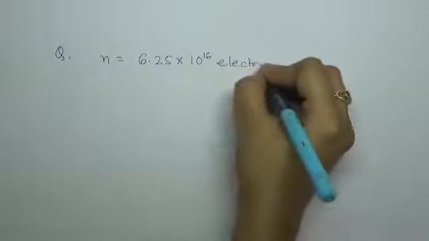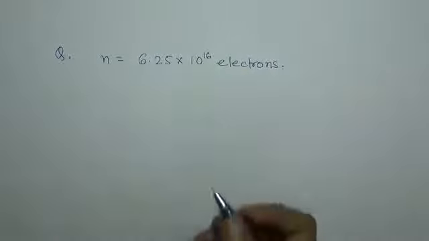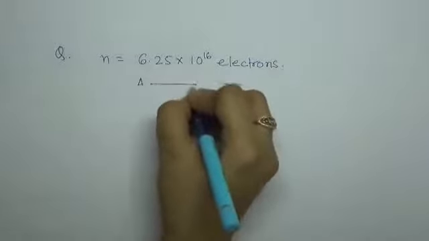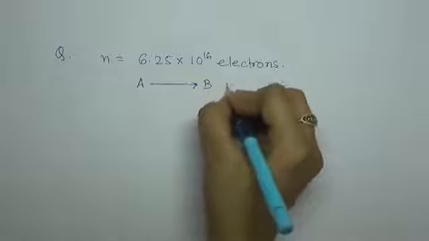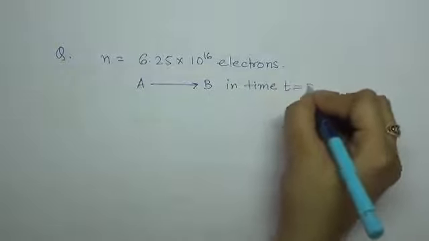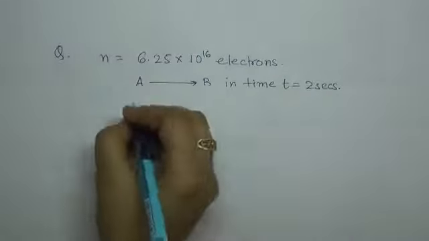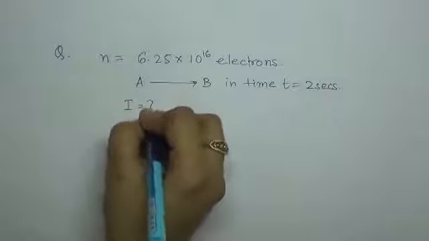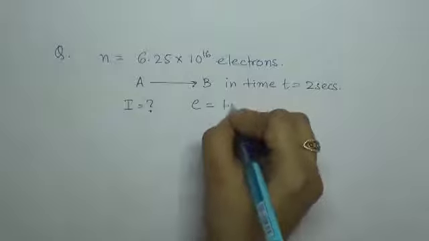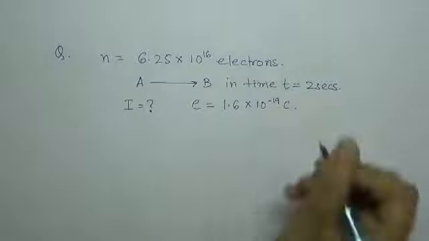These electrons are flowing from A to B in time T is equal to 2 seconds. We need to find the current I, and we know the charge on each electron e is equal to 1.6 into 10 to the power minus 19 coulomb.